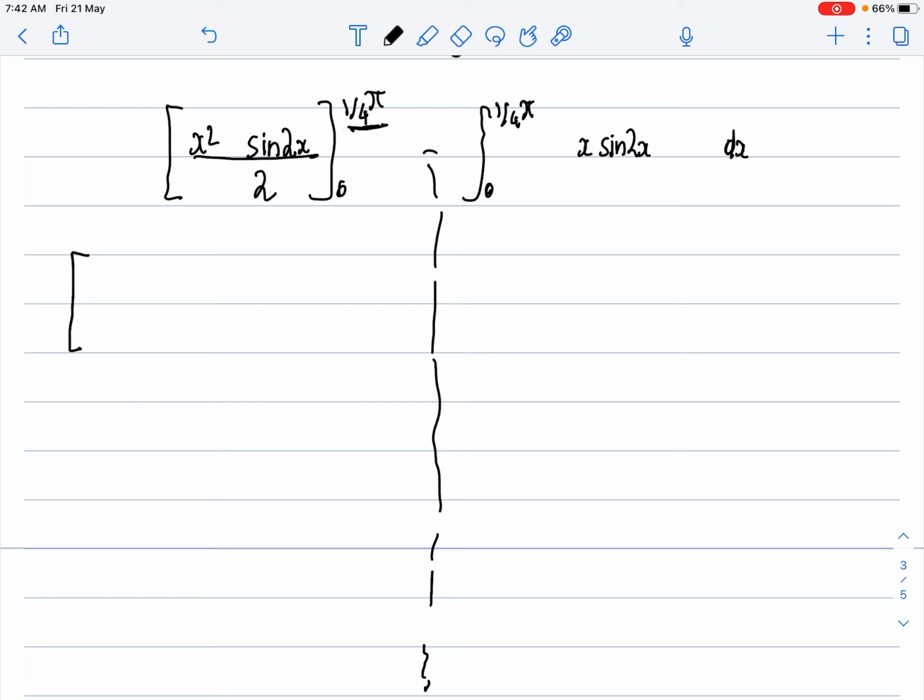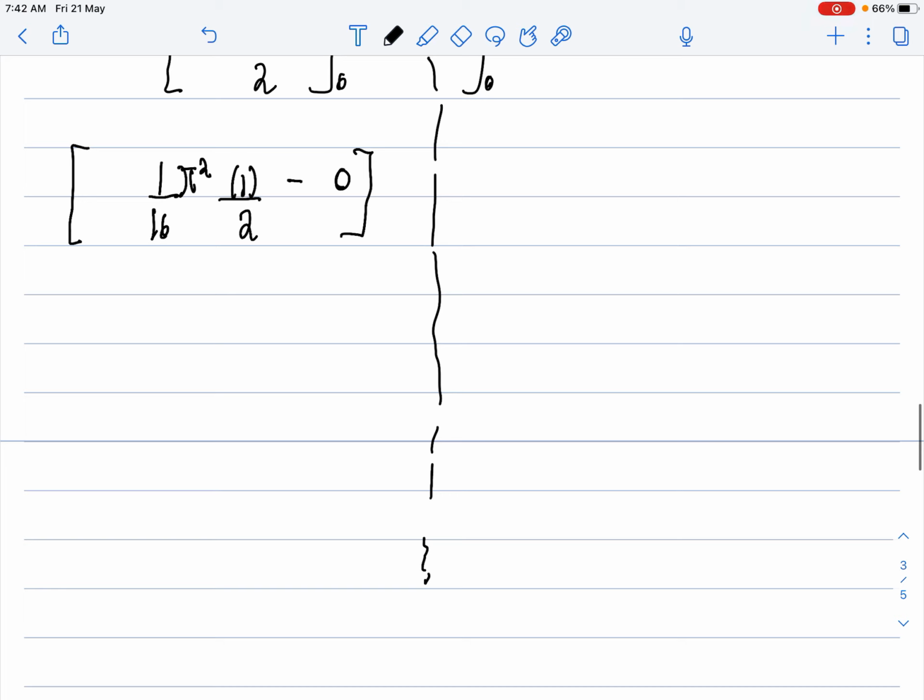And 1 upon 4 pi, you know, is simply 1 over 16 pi square. Correct? Into 1 over 2. Correct? This is what I get. Minus, I know when I put 0, I'll get 0. So I can basically write this as pi square over 16 into 2, which is 32.